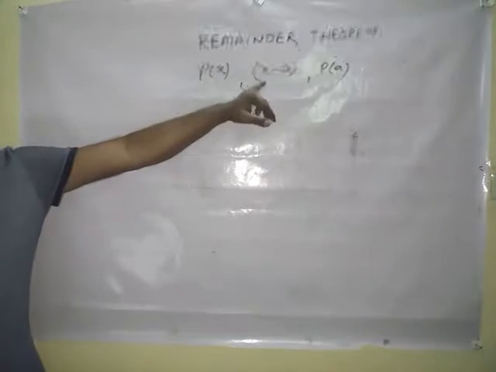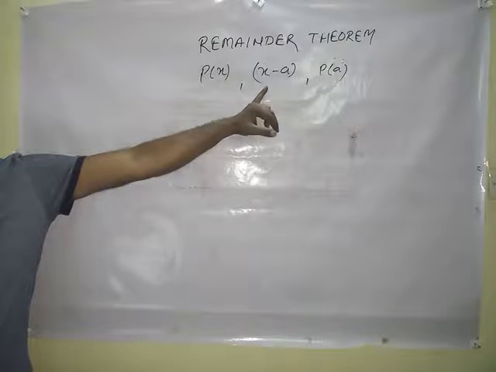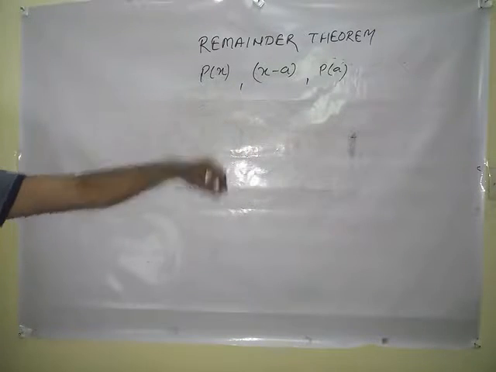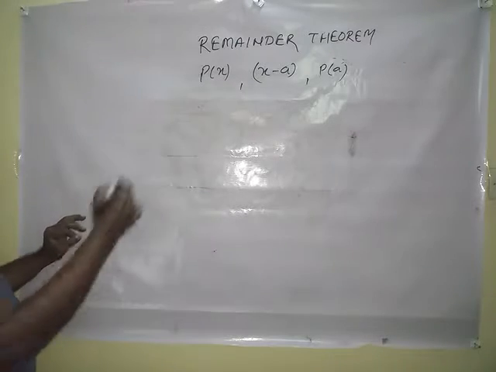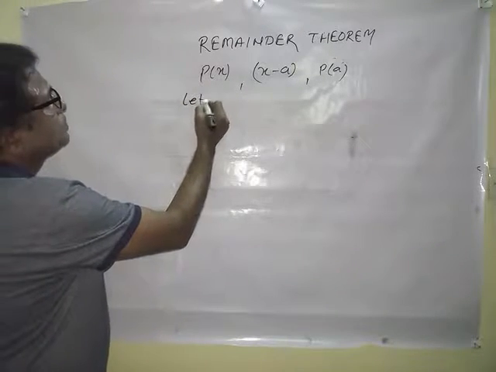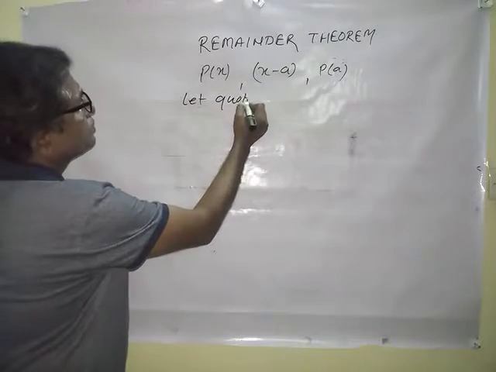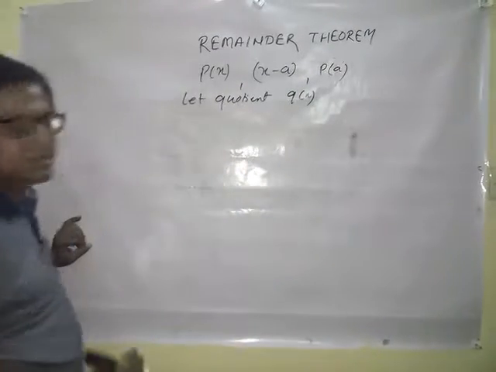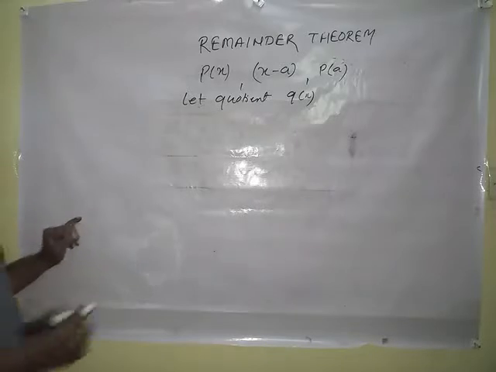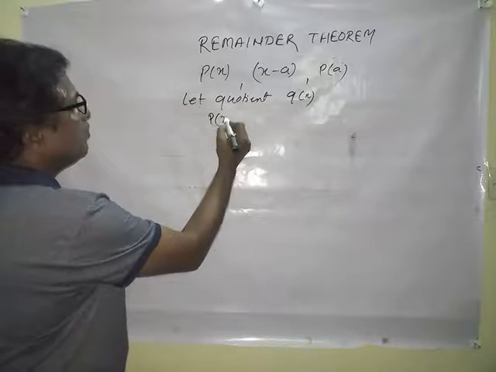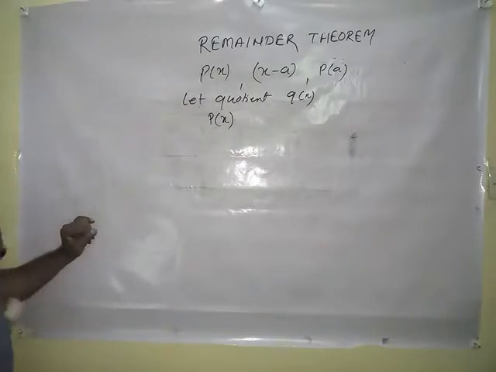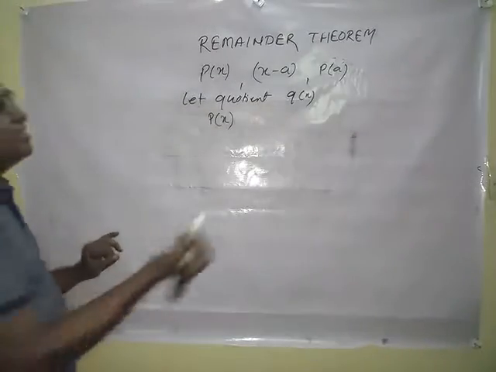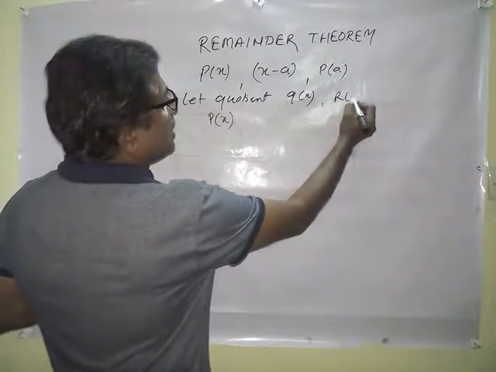Here the divisor is again a linear equation. So let us assume the quotient is equal to q(x).